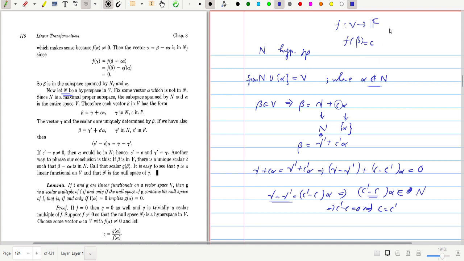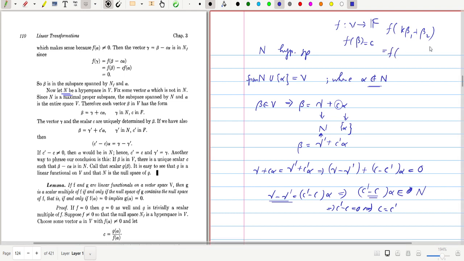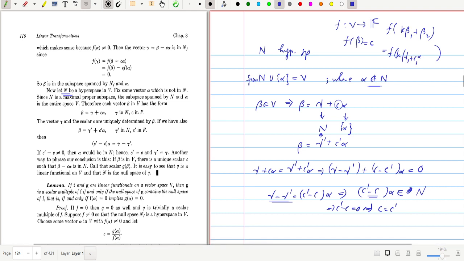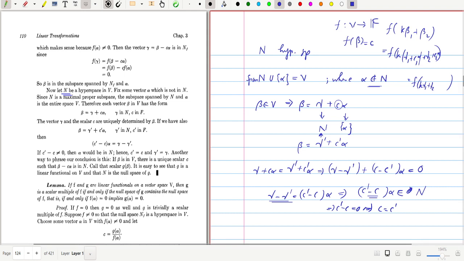Clearly this is a linear transformation, because whenever you write f of k times beta 1 plus beta 2, with beta 1 written as gamma 1 plus C1 alpha and beta 2 written as gamma 2 plus C2 alpha, this is the same as f of k times gamma 1 plus gamma 2, plus k times C1 plus C2 times alpha.